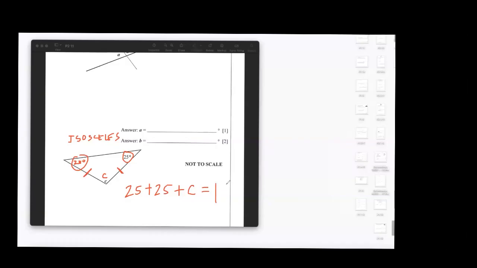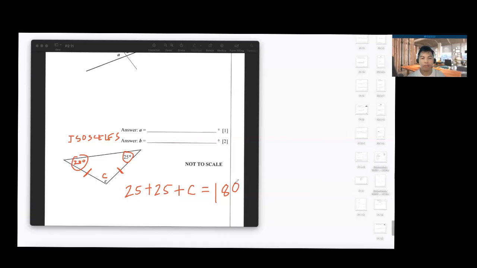Do you remember that? It is always 180. When you add those three angles inside a triangle, it's always 180. So this is 50 plus C. So what is C then? What do you think is C?